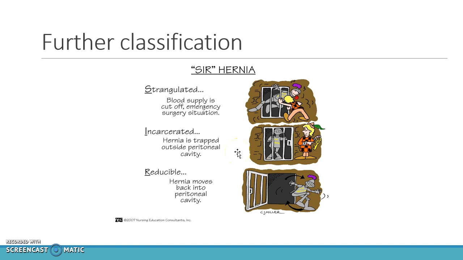Incarcerated means that it's entrapped outside the peritoneal cavity, which means the blood supply isn't being cut off, but it's just not able to be put back in, as in a reducible, which they can actually take their finger and push it back in, and it stays in then for a while.